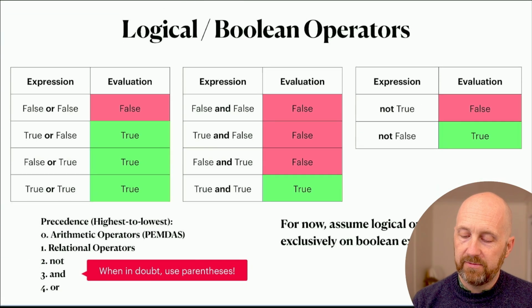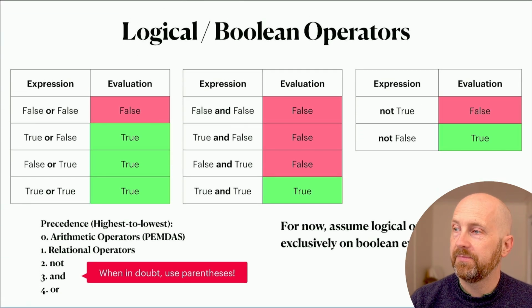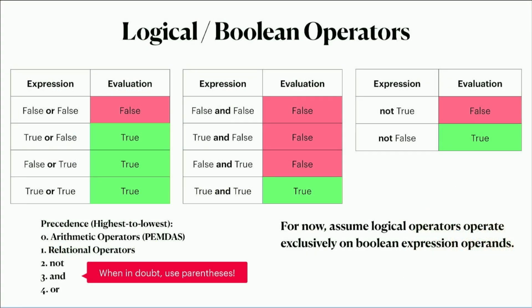As a means of review in what we just went over, here are each of those tables presented in a slightly different way, where we've got all of the expressions. And again, it's a little bit silly to see these as literals, like true and true. You would never write that, right?